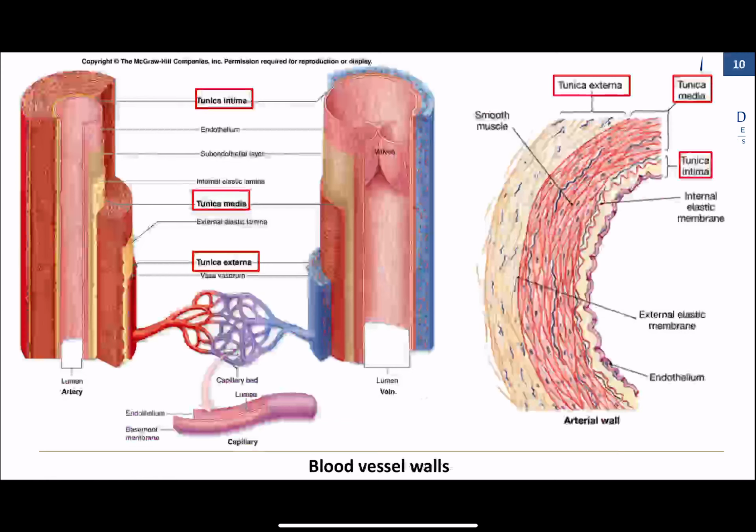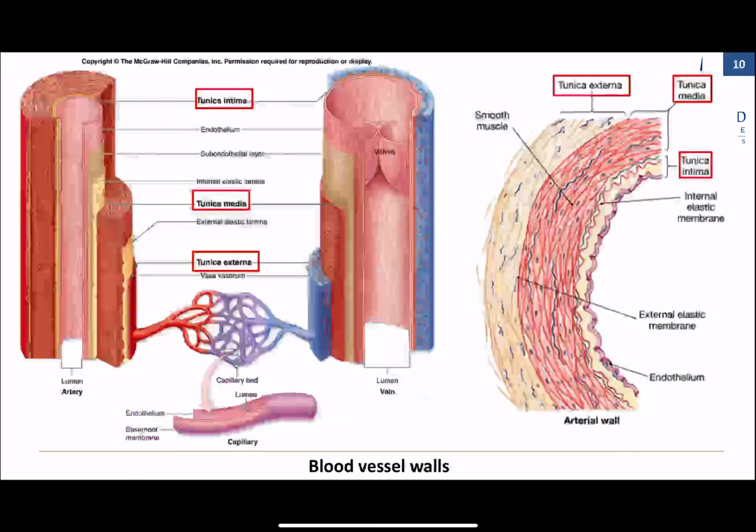All right, if we take a look at the drawing here on the right, a different source, we can see here's our tunica intima, and it's got multiple layers to it that we'll define in just a little bit. Here's our tunica media, smooth muscle, the fibers oriented in a ring around the lumen.